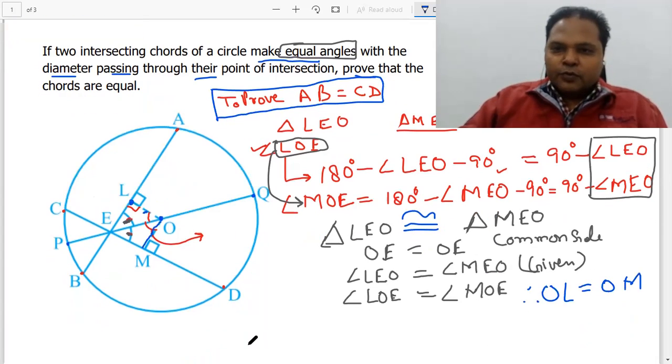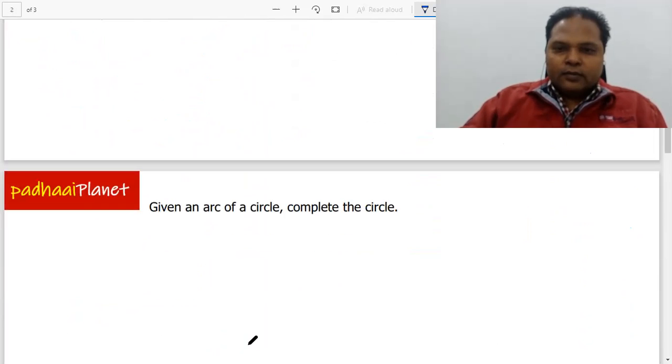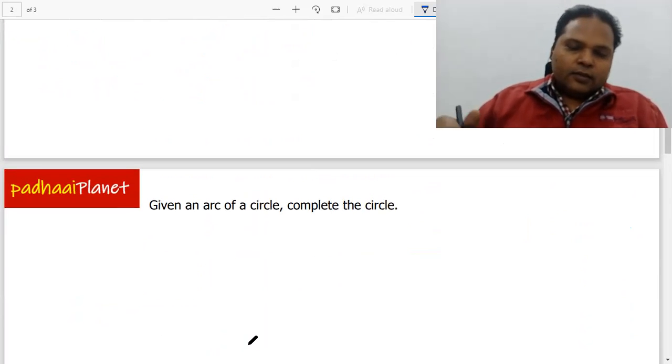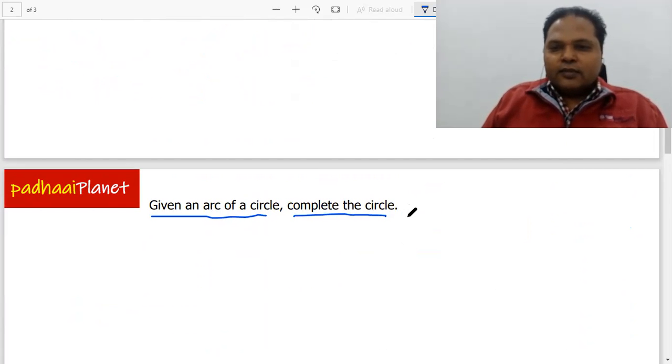Let's move ahead to one more theorem. It says that if there is an arc of a circle, then let's complete the circle. So far what we have learned is that to complete any circle, we need the center of the circle so that we can draw the complete circle.